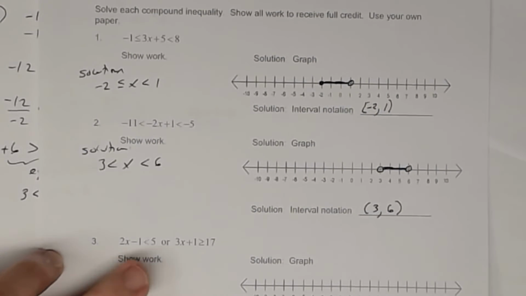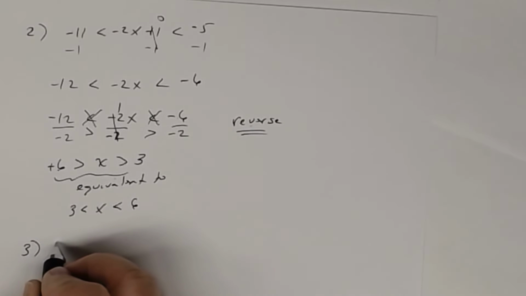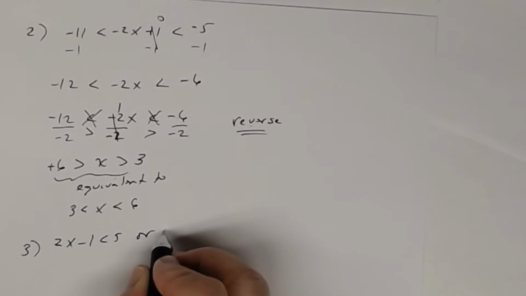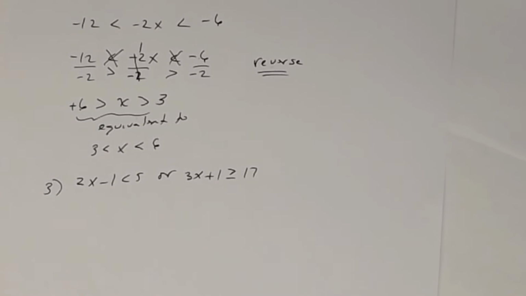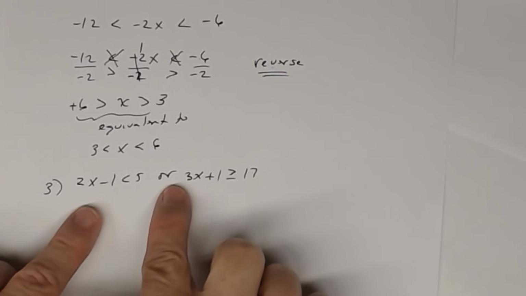All right, and number 3 is an or statement. So let's look at number 3. So here's number 3. We have 2x minus 1 is less than 5, or 3x plus 1 is greater than or equal to 17. All right, so remember, this compound inequality has an or statement.